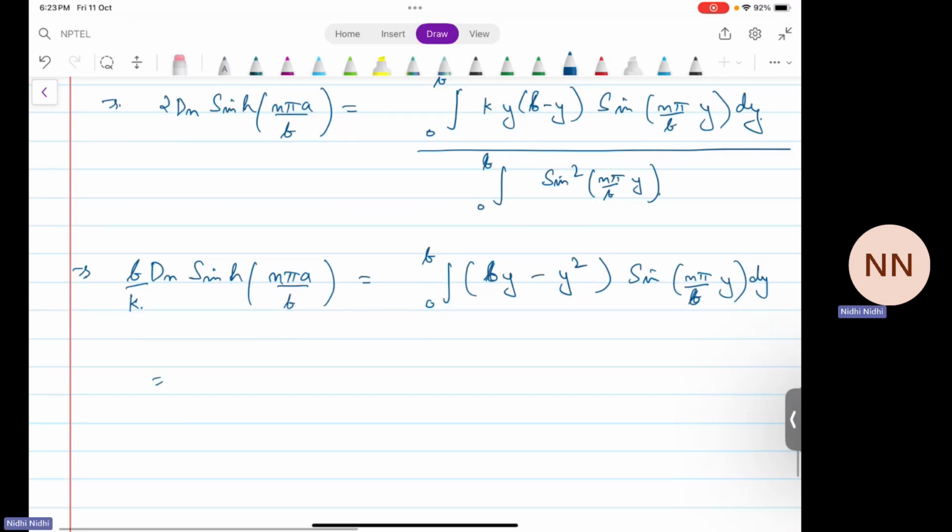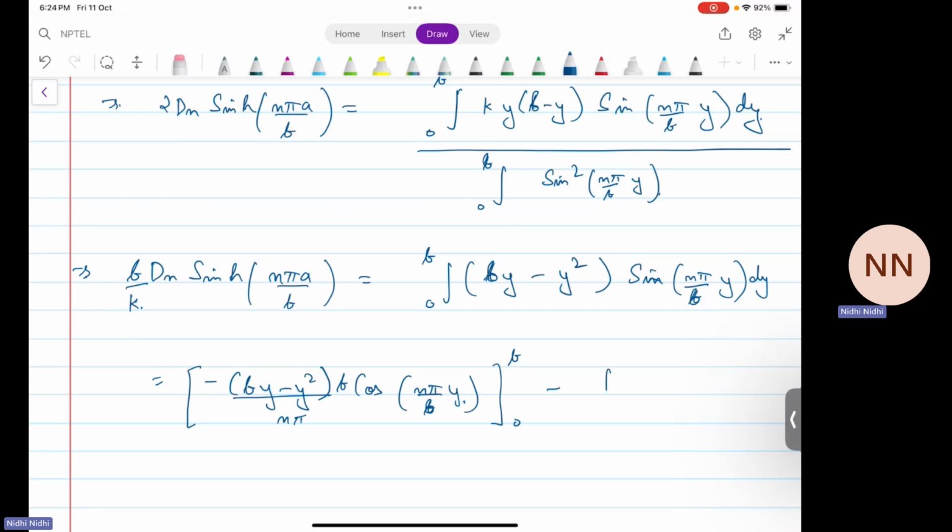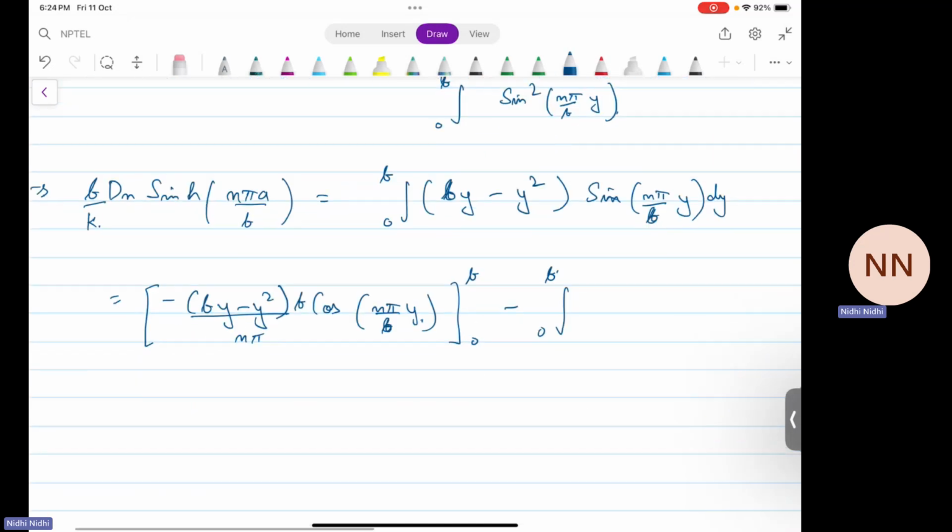So by integration by parts, y (b minus y) as it is, integration of sine x is minus cos x. So this is minus cos n pi y by b, by n pi by b, limit 0 to b, minus integration 0 to b derivative of the first part, this is b minus 2y, integration of sine is again minus cos n pi y by b by n pi by b dy.